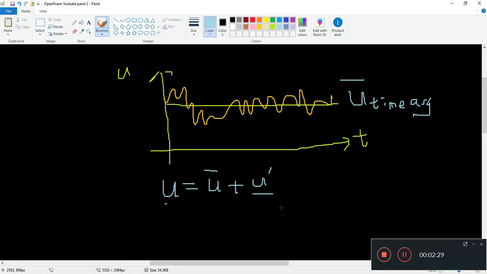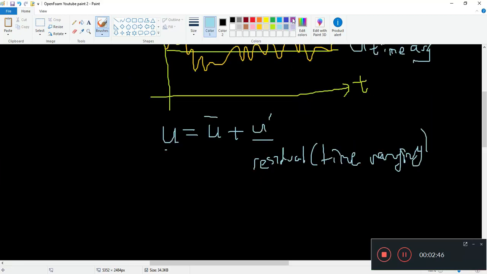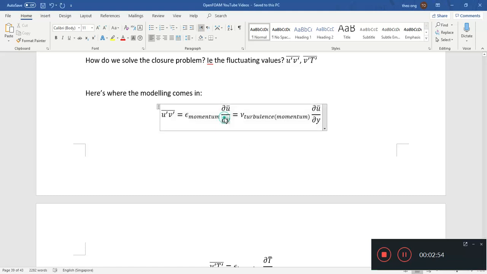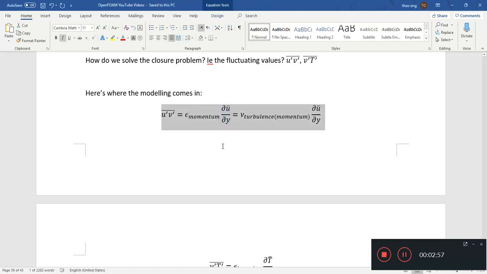This is the residual, or the time varying part, the time varying velocity. The long and short of it is that it gives rise to something called eddy viscosity. For example, you see this equation I typed out here, u prime v prime.